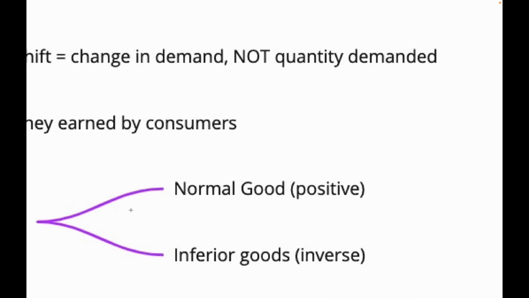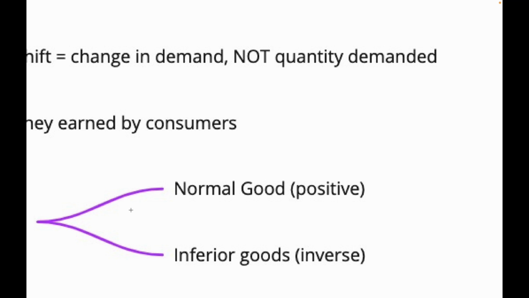First, we have normal goods. Normal goods refers to the goods that we mostly know of, ranging from anything including apples or TV programs or phone bills. Those are normal goods, and they have a positive relationship with income.